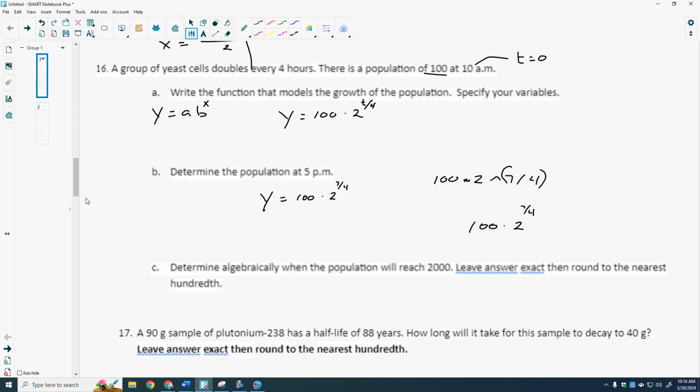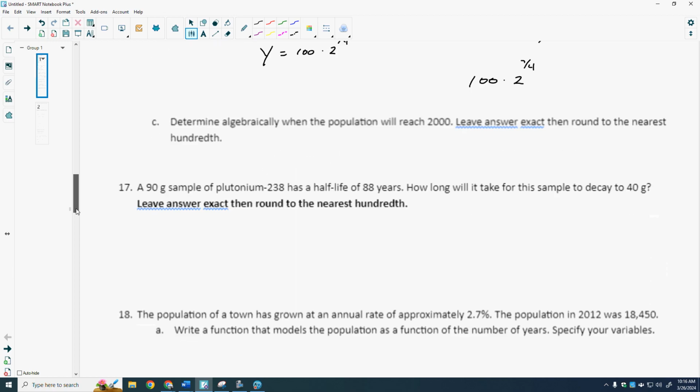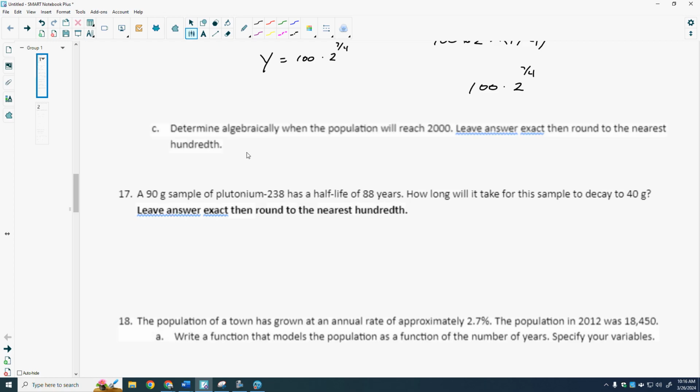Okay, determine algebraically when the population will reach 2,000. I didn't give myself very much room. So my y value is now 2,000. Same expression over here as in letter A. Divide by 100, just like we're solving back on the whole first page. Take the log of both sides. We'll bring the t and the 4 down in front.